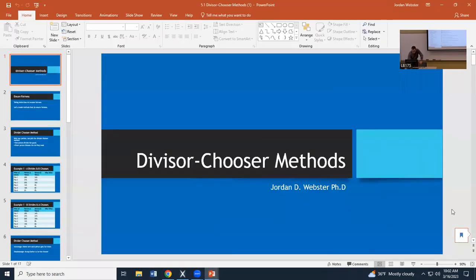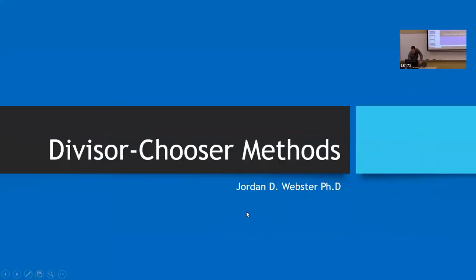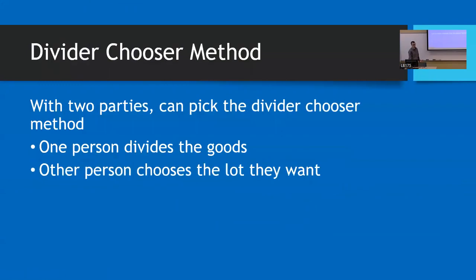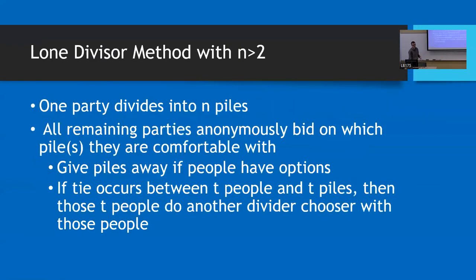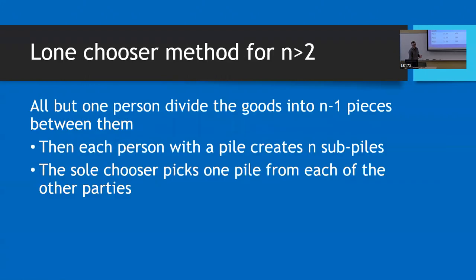Now, before we move on, I want you to remember that we looked at all these divider chooser methods, which is one person divides and the other person chooses if it's with two people. If it's with more than two people, we can have a lone divider method. We could have the lone chooser method.